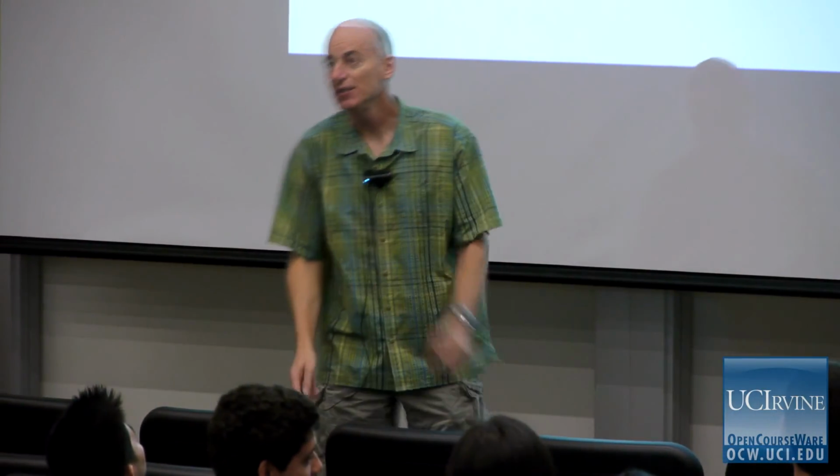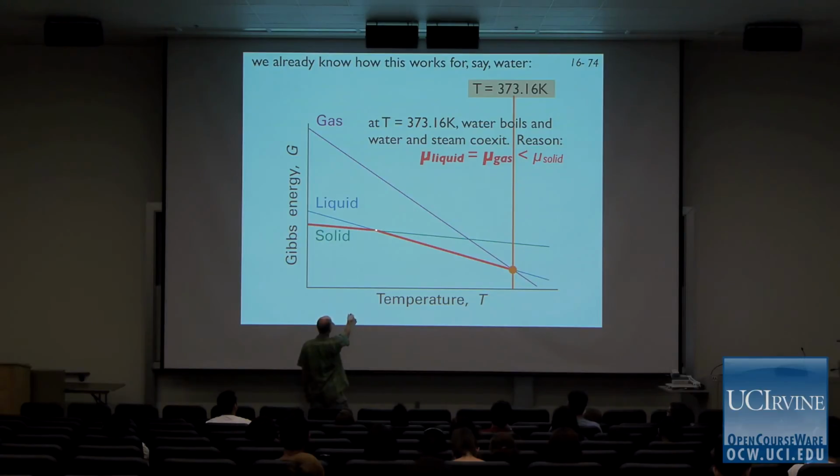And only at that point can you have the coexistence of these two phases, steam and liquid water. In this case, liquid and solid ice. This phase coexistence can only happen at equilibrium at this phase transition temperature.